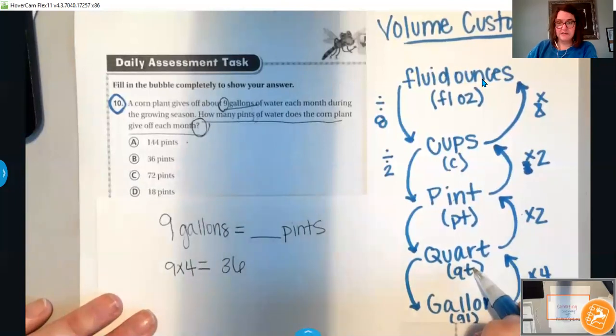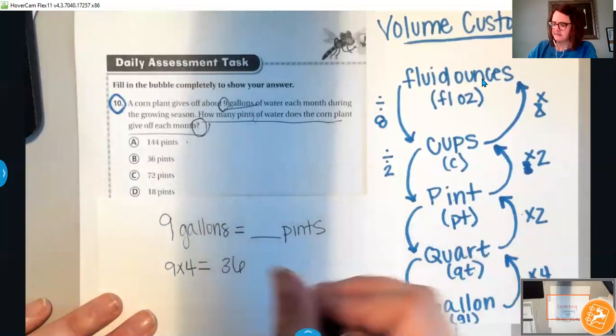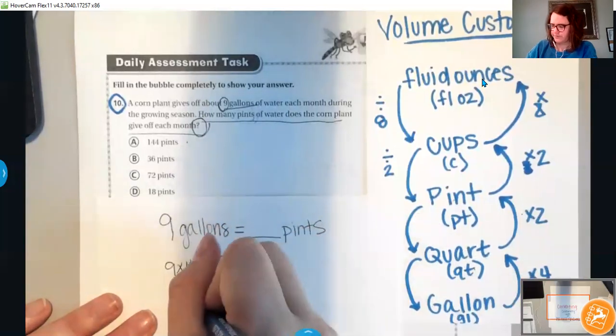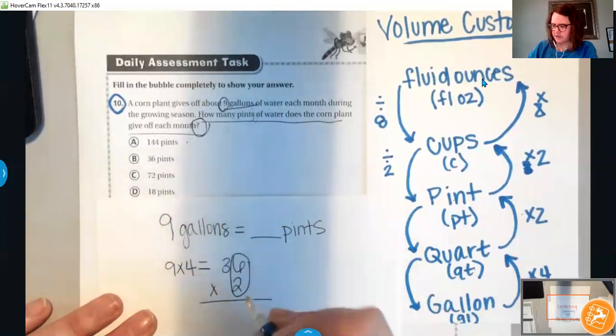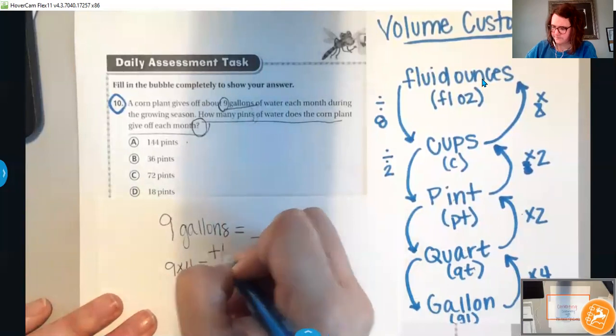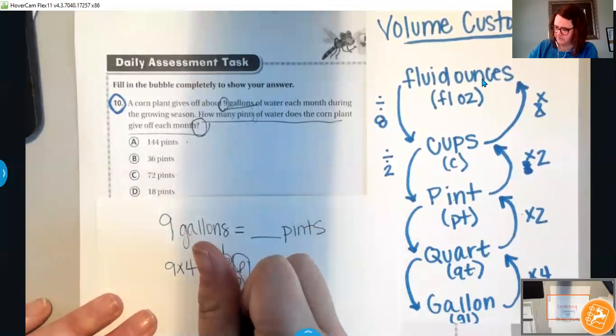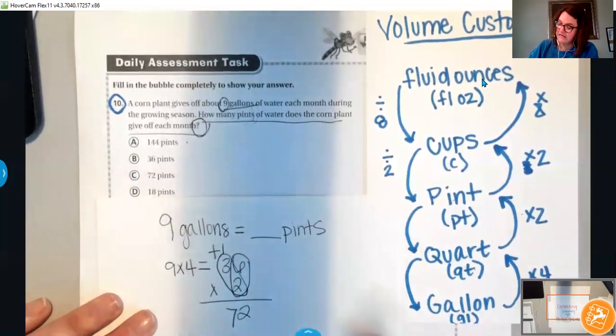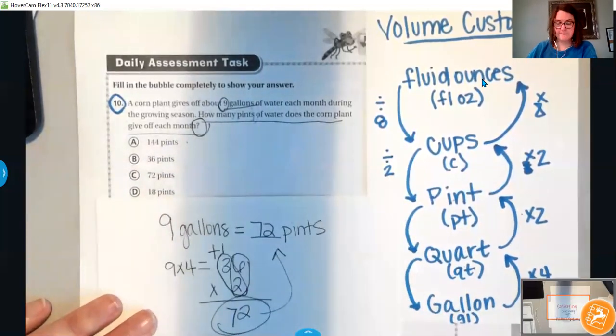Now that I've stopped at quarts, I gotta keep going to pints. So 36 times 2. 6 times 2 is 12. 3 times 2 is 6, plus 1 is 7. 9 gallons equals 72 pints.